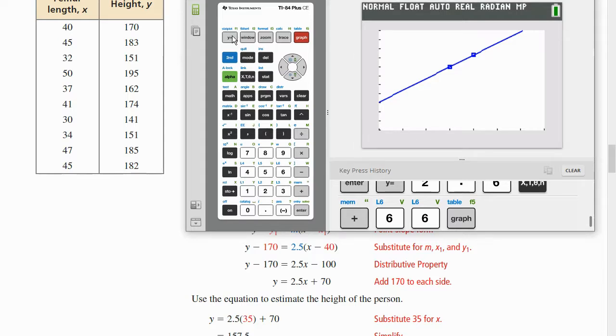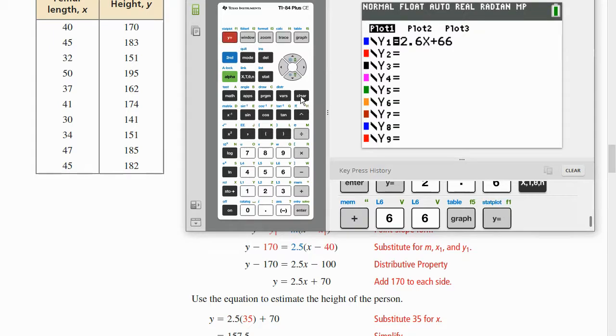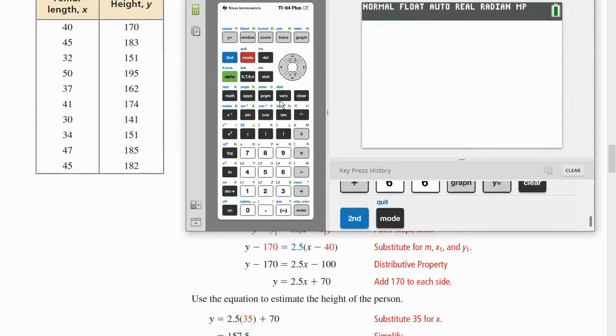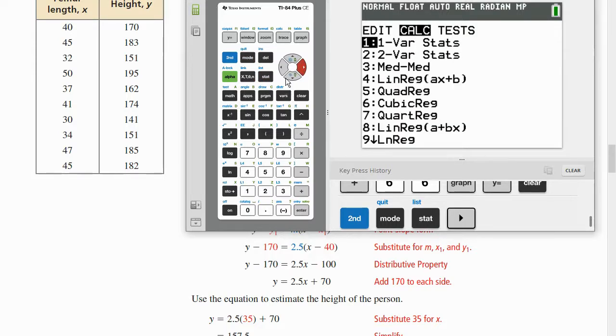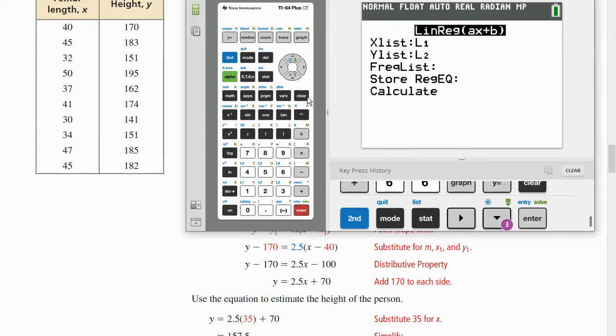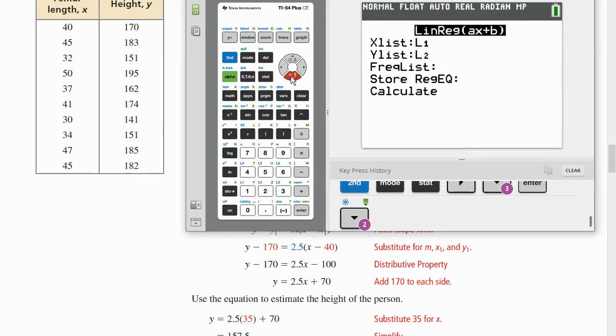All right, now one other thing to talk about, and I know this might be new to some of y'all, is let's say that I get rid of this for a second, clear that out, and let's quit, and then again, let's go to stat, calculate. One other thing your calculator will do that I want to show you today anyway, is if you choose number 4, instead of going all the way to just calculate, stop here.